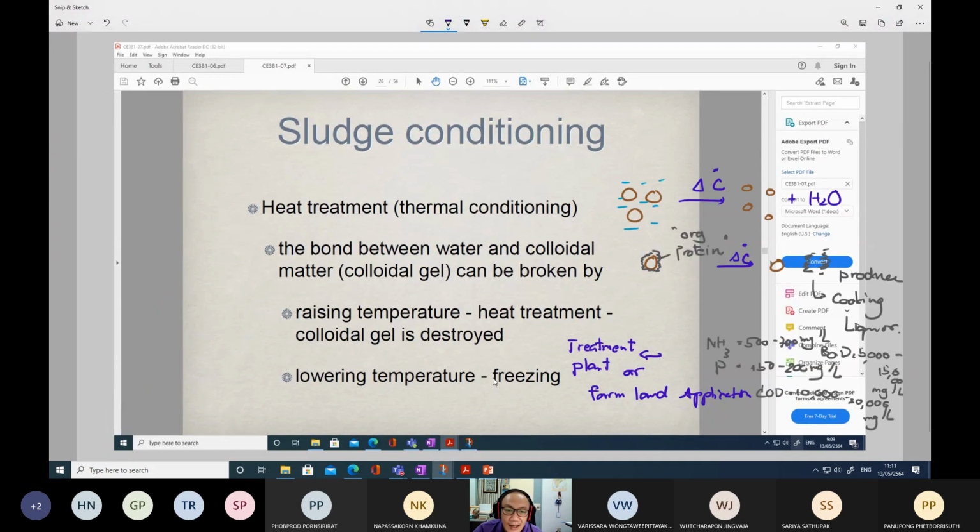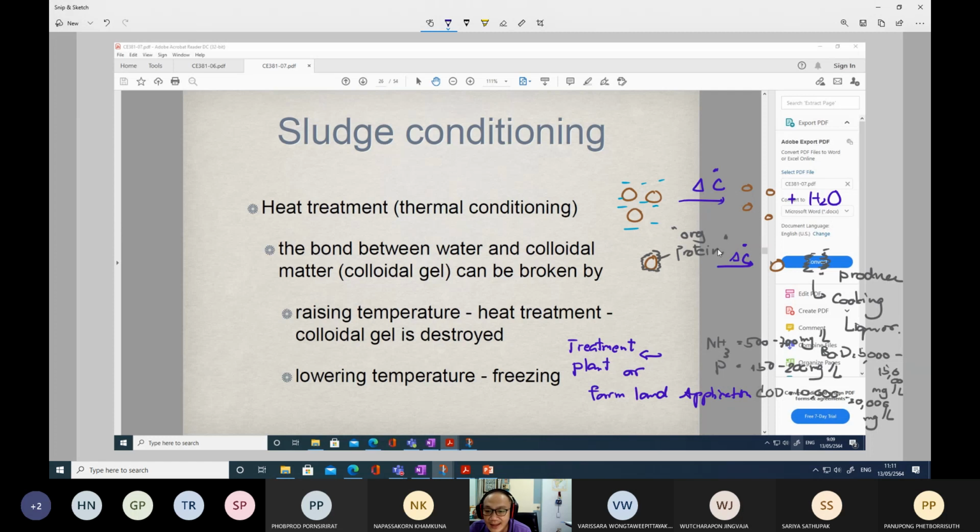Okay, like this one, the bond between water. This is the sludge in the water. So once we heat it, the sludge will be separated from the water, like this.